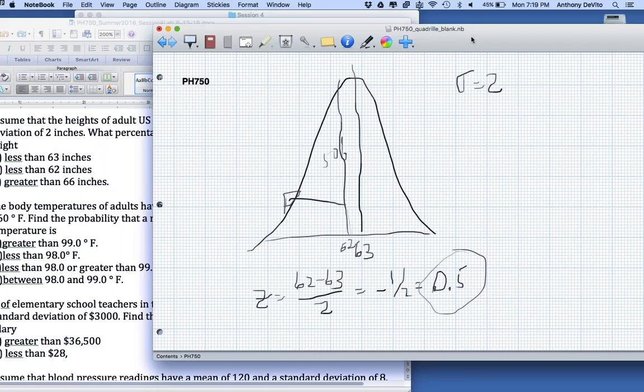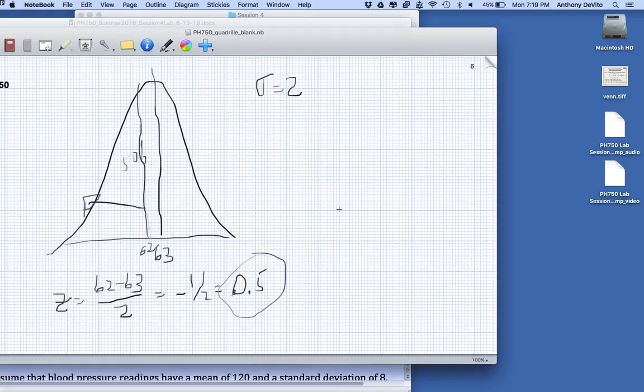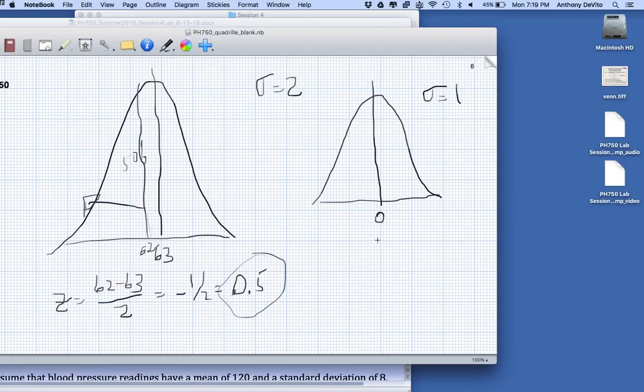So we could take a distribution, and they've done this for us, and I'm going to call the mean of this distribution 0 and the standard deviation 1. So 1 is 1 standard deviation above the mean, 2 is 2 standard deviations above the mean, 3, and -1, -2 and -3 below. I'm going to take this standard normal distribution.